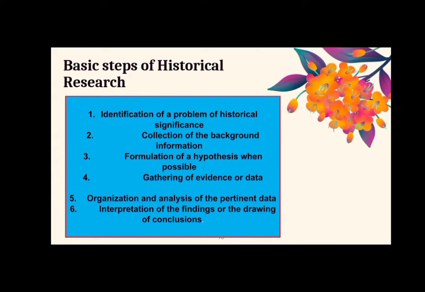Fourth, gathering of evidence or data, including verification of the authenticity of the primary sources and the validity and reliability of their contents. Fifth, organization and analysis of the pertinent data. It is more often qualitative than quantitative. And lastly, interpretation of the findings or the drawing of conclusions.